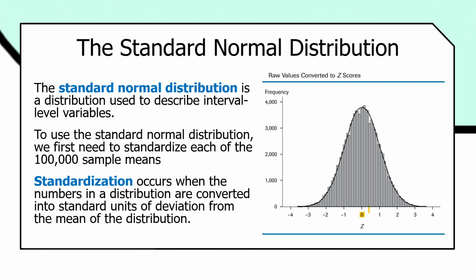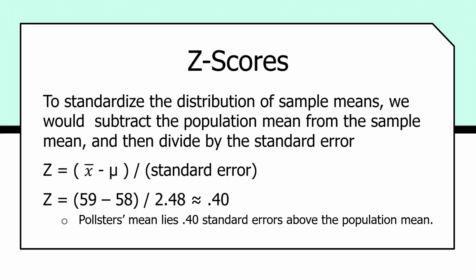To standardize the distribution of sample means, we would subtract the population mean from the sample mean and then divide by the standard error. So sample means that are below the population mean have negative z-scores. Sample means that are above the population mean have positive z-scores. And any sample mean that falls right on the population mean has a z-score equal to 0.